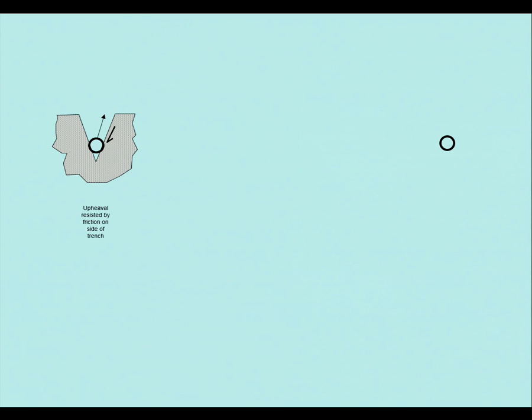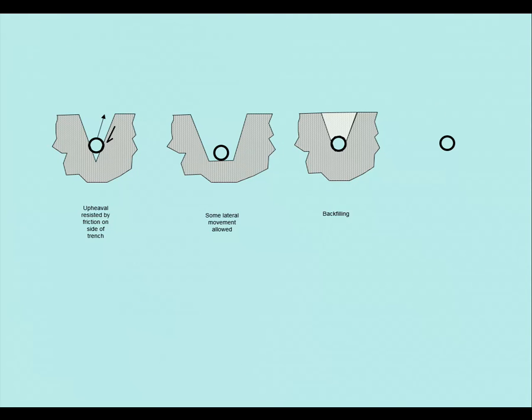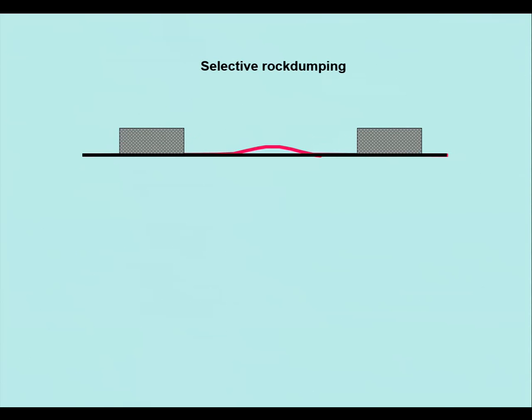So that's if it's in a trench. You can design it with a wide base to the trench so that it's got some lateral movement. You can backfill it, or you can rock dump it. We can do selective rock dumping.